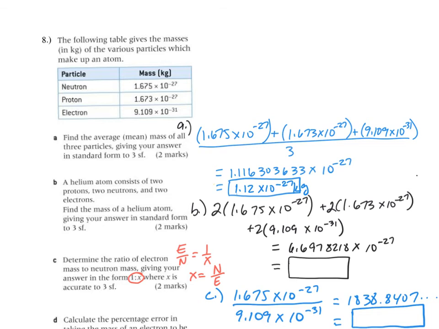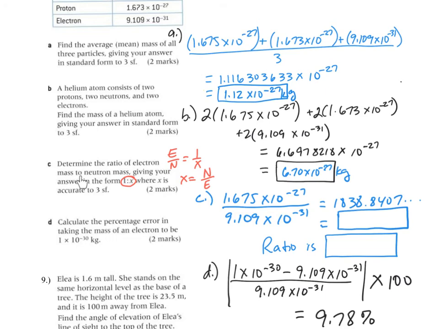There'd be a whole bunch of zeros. Here's our first significant digit, the second one, and the third one. Since this next digit is 7, that bumps this up to 6.70 times 10 to the negative 27th. And don't forget your unit of kilograms.